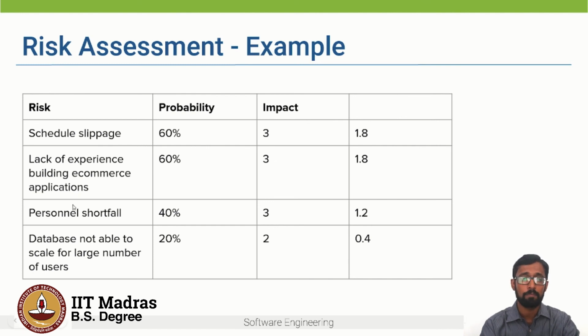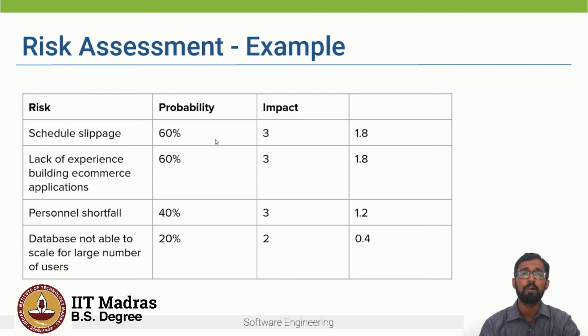And even personnel leaving, although the probability I decide as a manager is slightly lesser, the impact is quite high. Whereas for another risk, the database not being able to scale for large numbers, the impact is less, and maybe the project manager believes that the team has sufficient technical expertise to mitigate this risk, right?